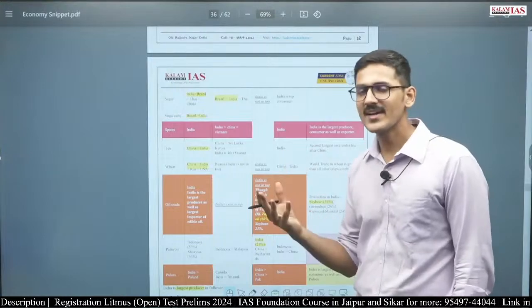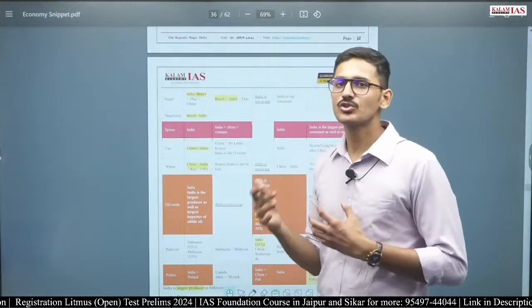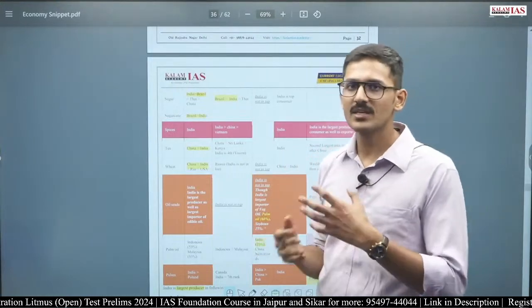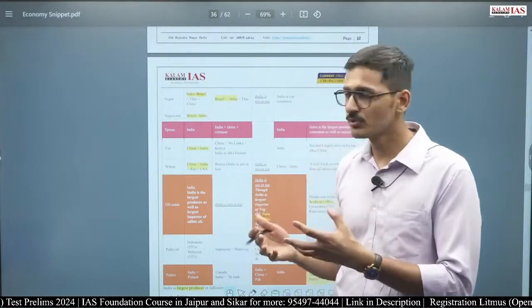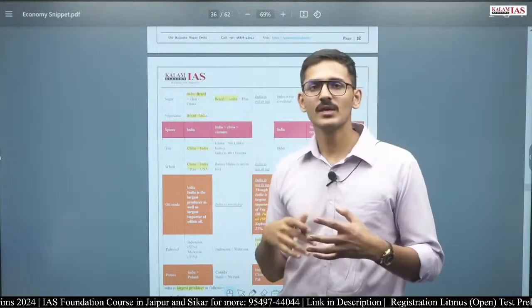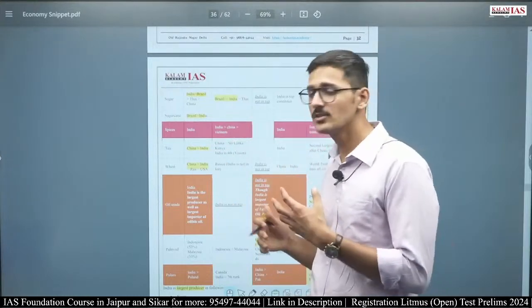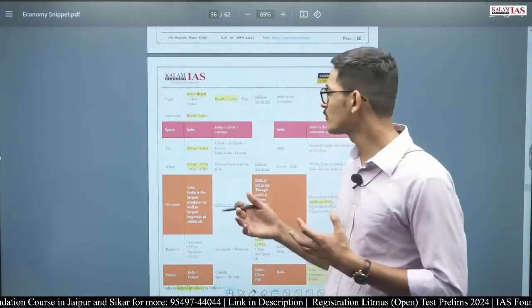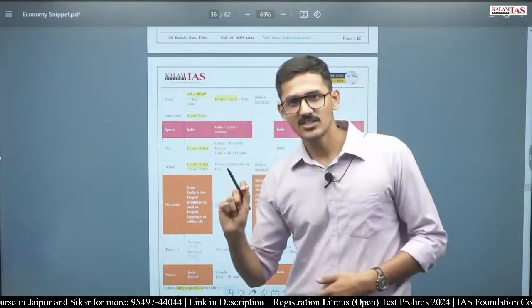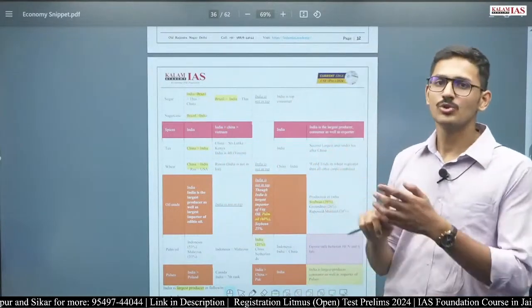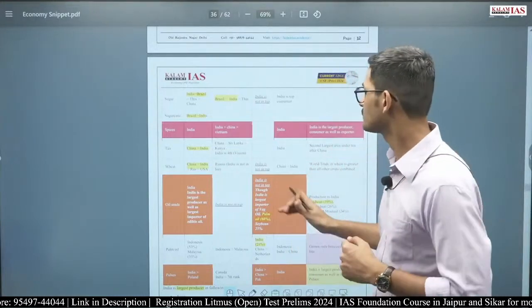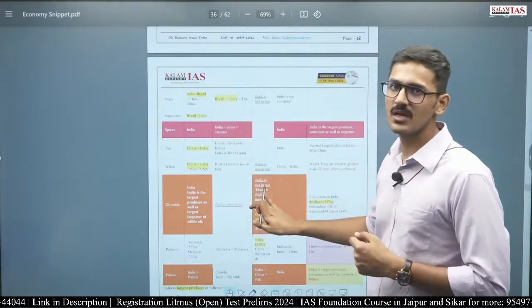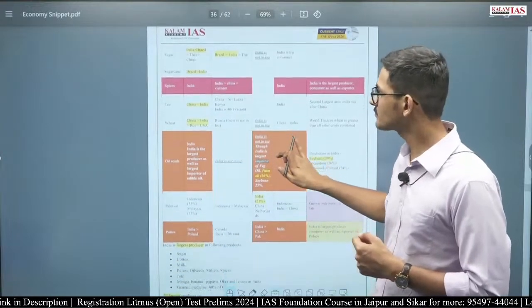It is also used for biofuels such as biodiesel and molasses, whereas in India sugarcane is not used as much for producing biofuel. As a result, India is the largest producer of sugar. So you should know: sugarcane, Brazil is the largest producer, but sugar, India is the largest producer. In exports, Brazil is the largest exporter of sugar.